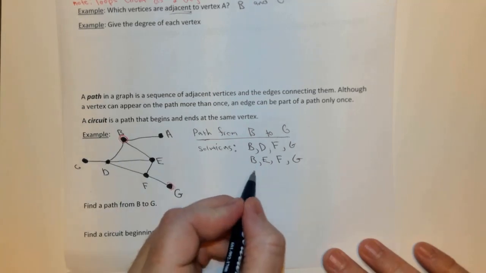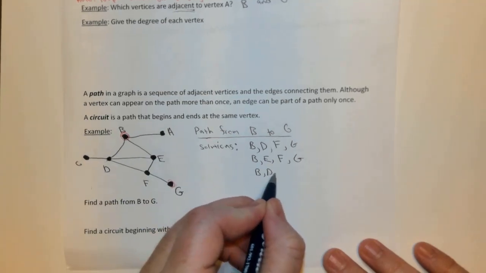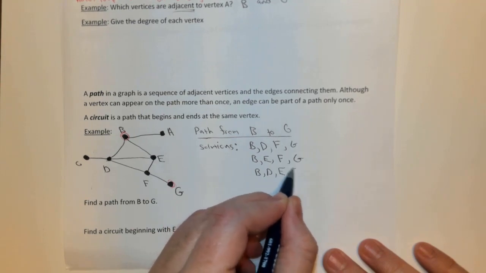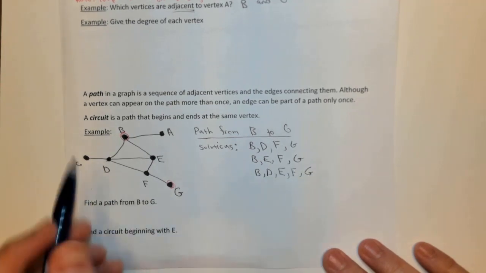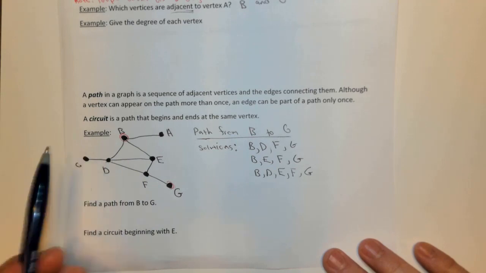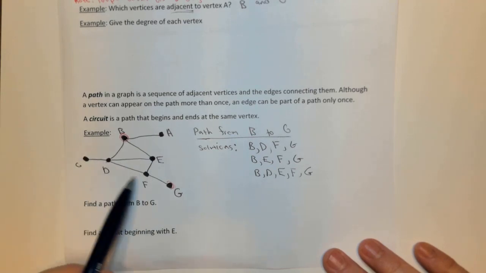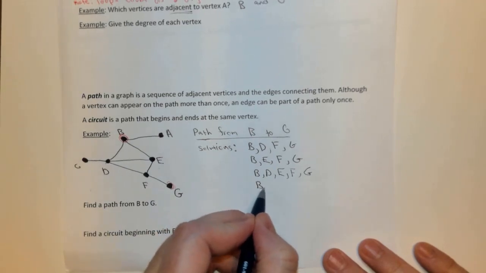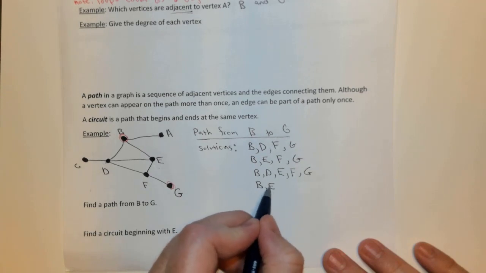I could do that. B, D, E, F, G. I could have also done B, E, D, F, G. These are all perfectly fine.